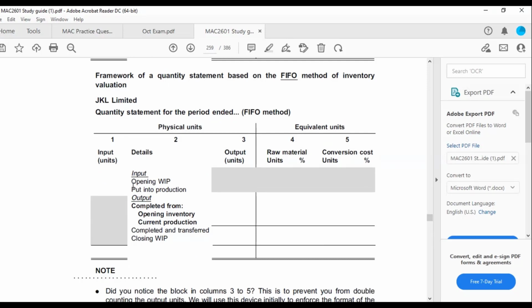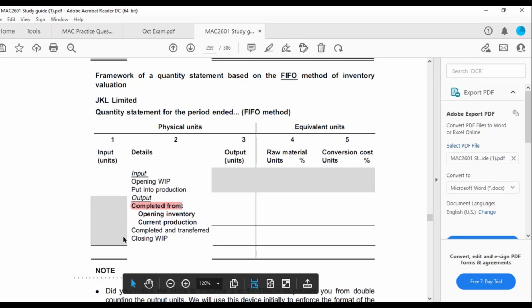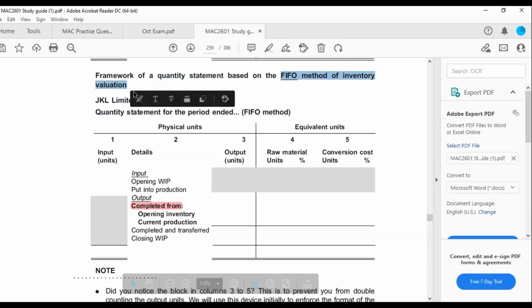First in, first out: opening WIP, put into production, but for the output part, you have to show what's been completed from opening inventory and current production. And you'll also have your closing WIP. There's the difference. Know it, it's very important.